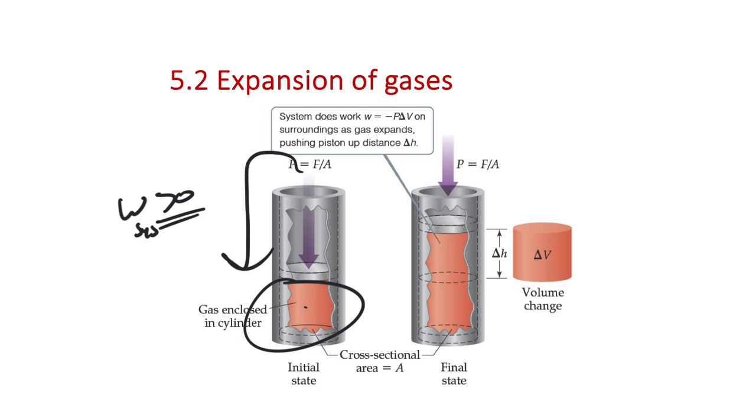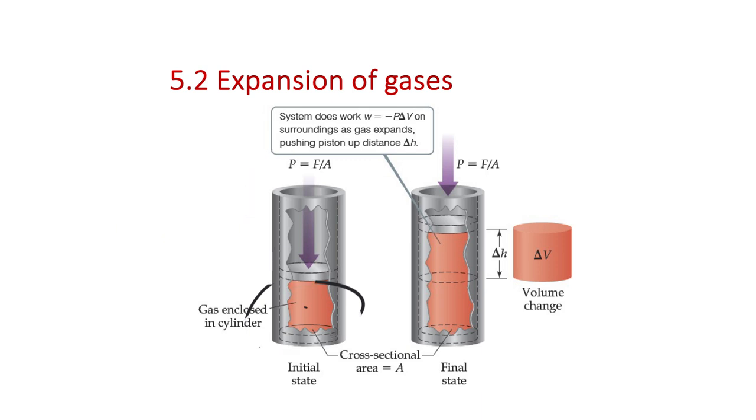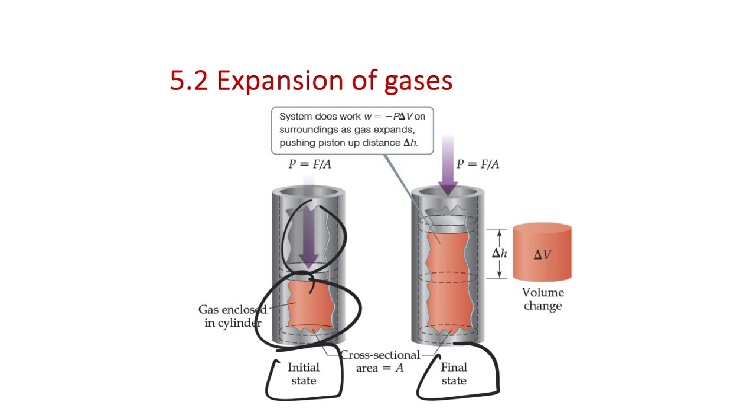So the work being done on the system by the surroundings looks like here. And if we allow expansion to take place, that would be work being released by the system. Now, if I interpret this picture correctly, this is the initial state, and this is final. This arrow here is meant to show gravity holding that piston in place versus the pressure inside the container.